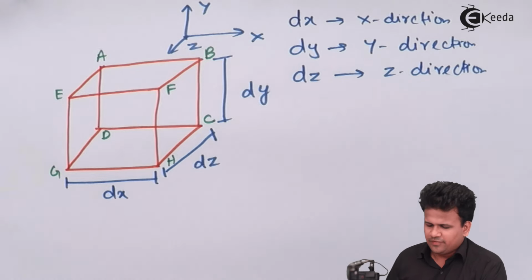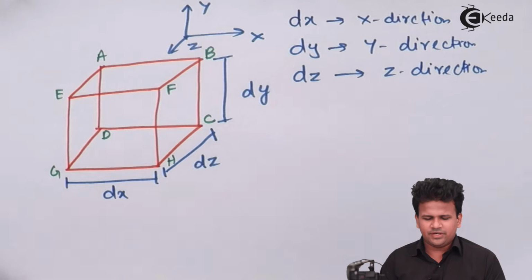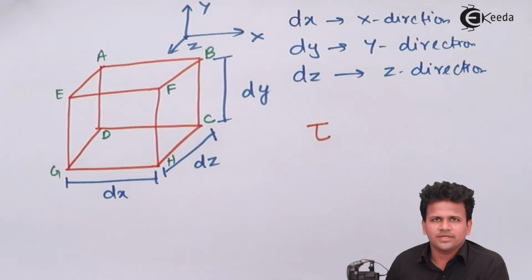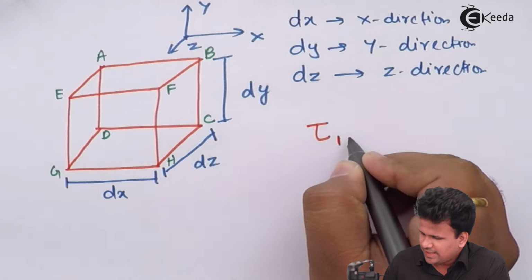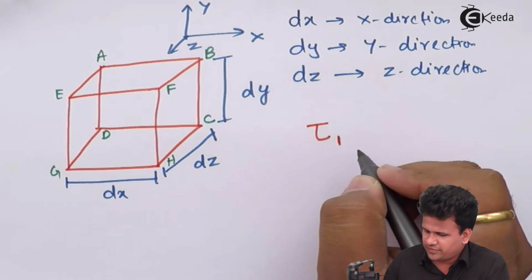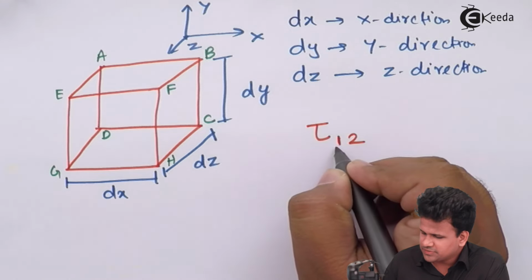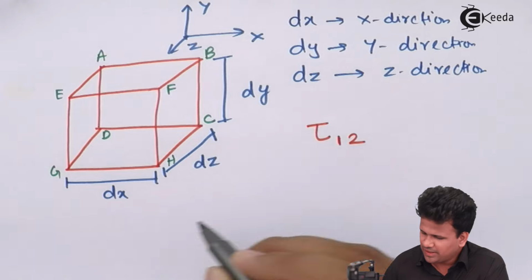Now the next part which we need to know over here is a small definition of tensor quantities. Tau over here is a tensor quantity, and this depends upon two variables, that is it has 2 degrees of freedom. So it will consist of two subscripts, 1 and 2. Now what is subscript 1?